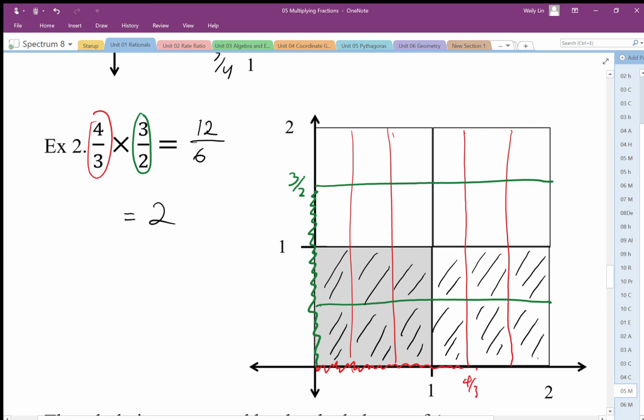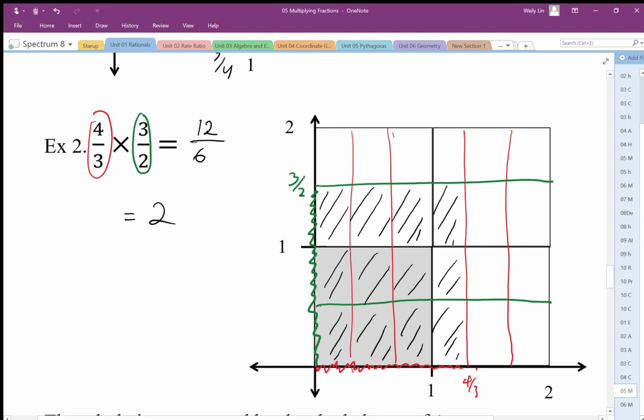Okay, so I'm just going to leave my answer as the other way around, because we actually generated this answer of 2 by doing 1.5 vertically times 1 1/3 horizontally. It gave me 12 pieces out of 6 parts in the whole, which gives me 2 whole pieces.